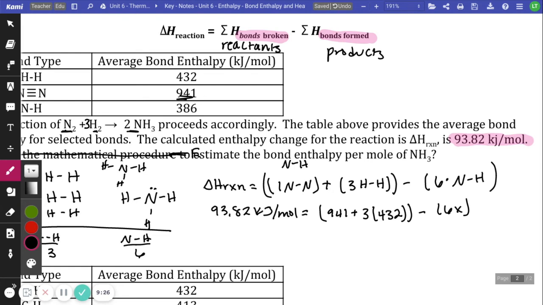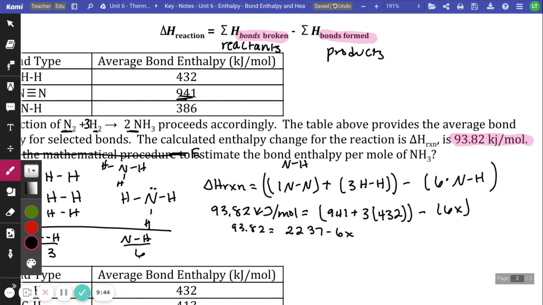Go ahead and simplify down what we can. So I got 93.82 equals 2,237 minus 6X.